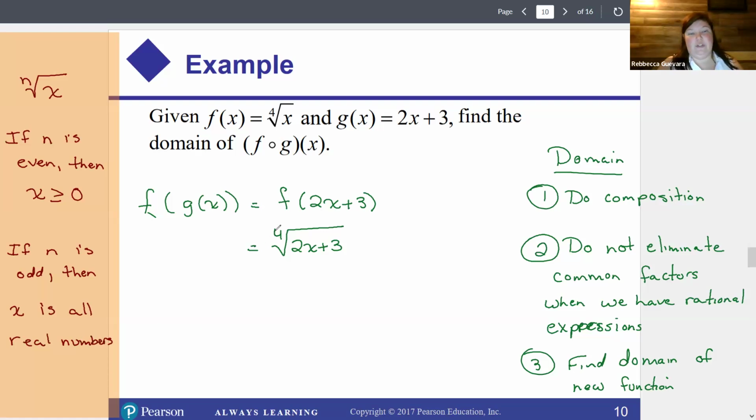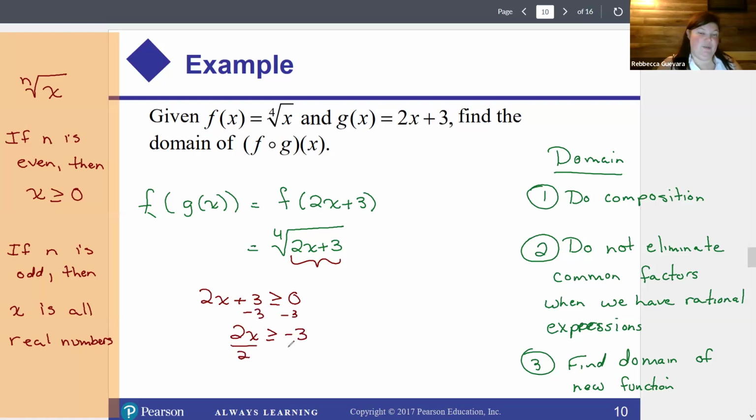So we are doing a fourth root of 2x plus 3, meaning this part inside of here has to be greater than or equal to 0. If we solve this for x, we have 2x is greater than or equal to -3, because I subtract 3 from both sides.